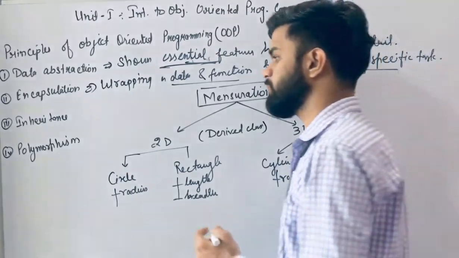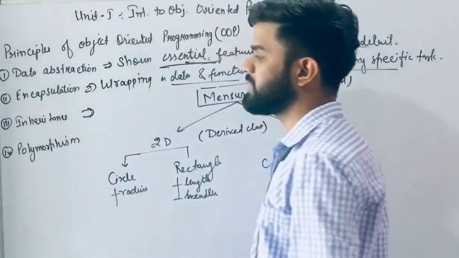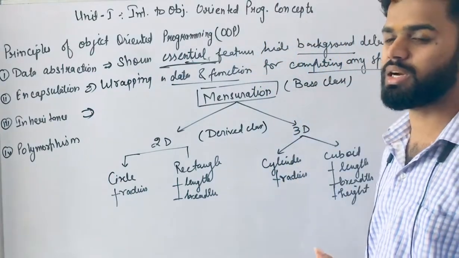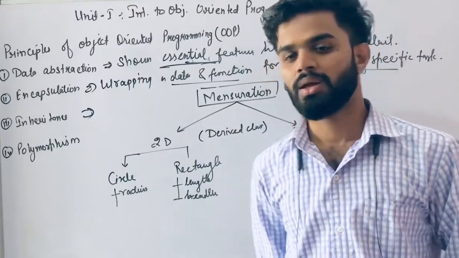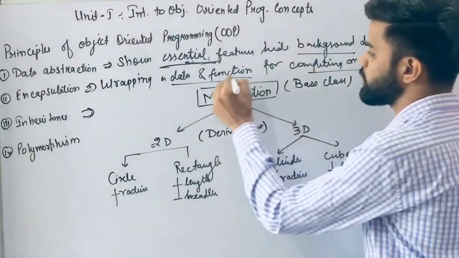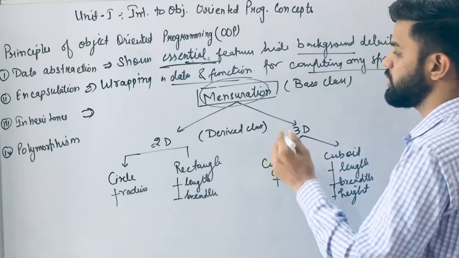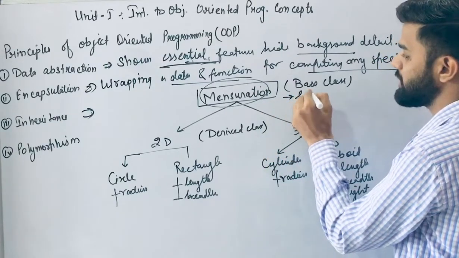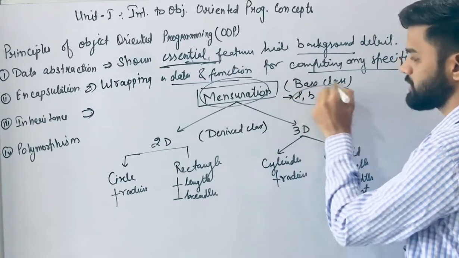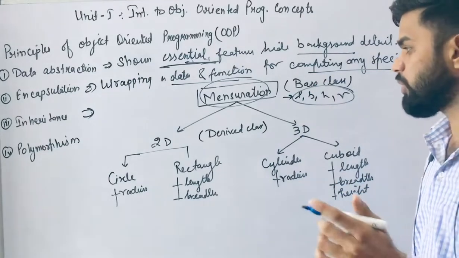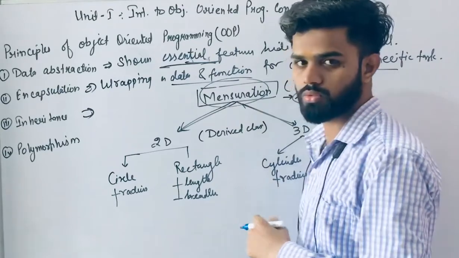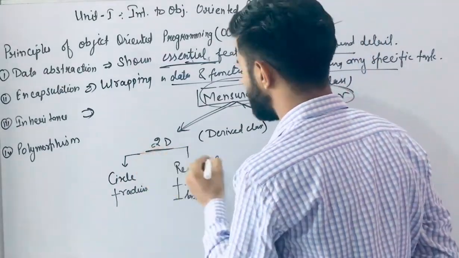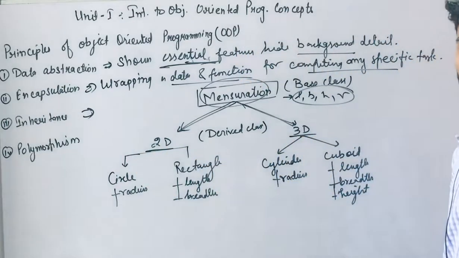Now the next thing is inheritance. Inheritance means to inherit something. We can take an example like mensuration. Under mensuration, we deal with length, breadth, height, radius, and other things. Mensuration is derived under two classes: the first one is 2-dimensional, the second one is 3-dimensional.